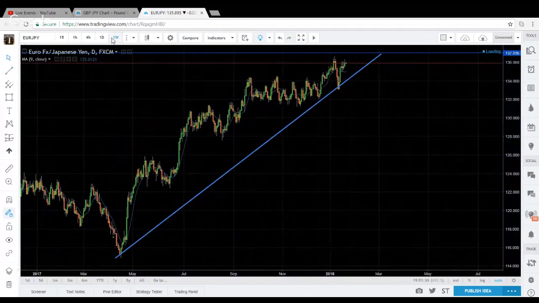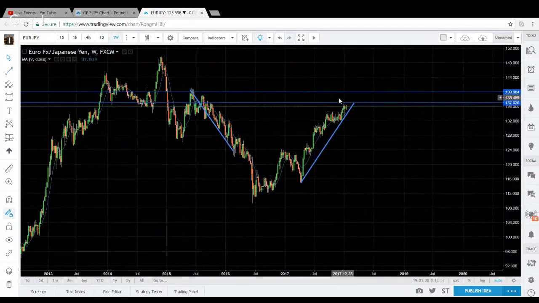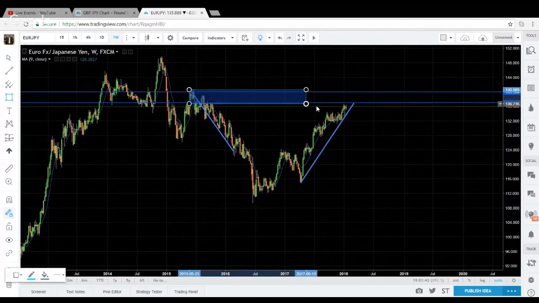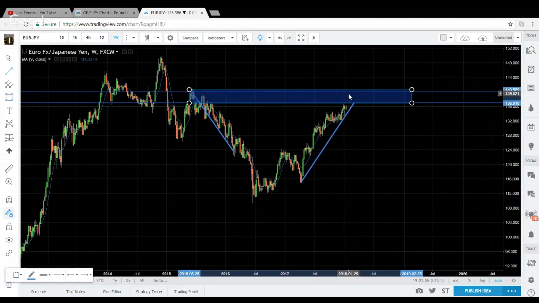Just like GBP/JPY, there's a good possibility price will enter this zone area before it actually drops. This zone, so between 137 to 140. There's a strong possibility we can see price in here before we get that impulsive move down. All right, so that's what's to look forward to.